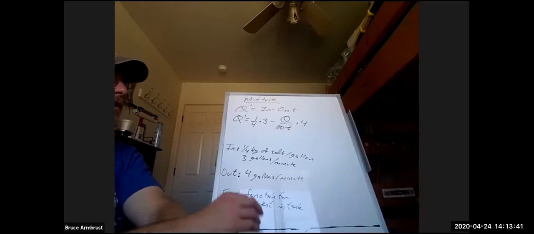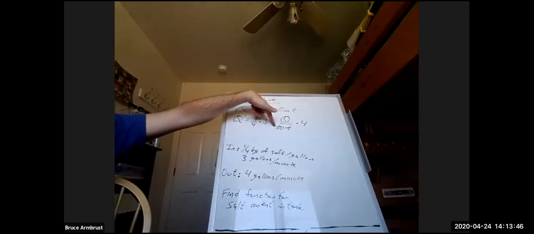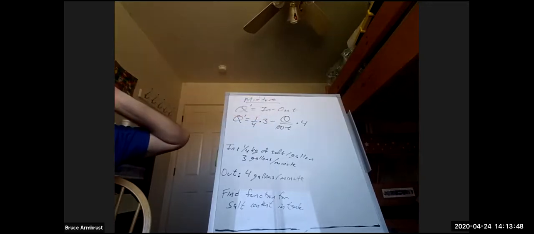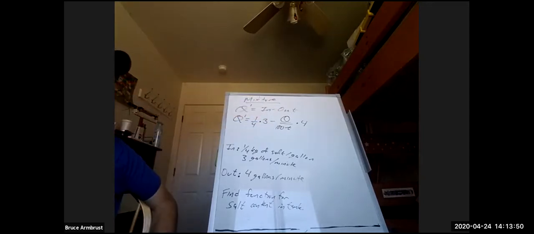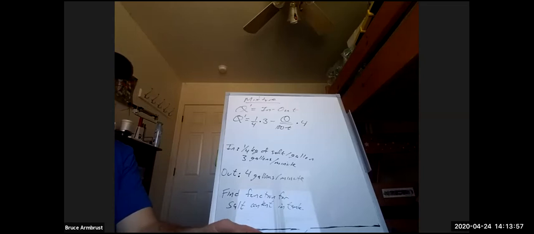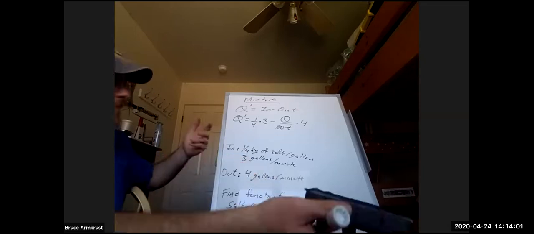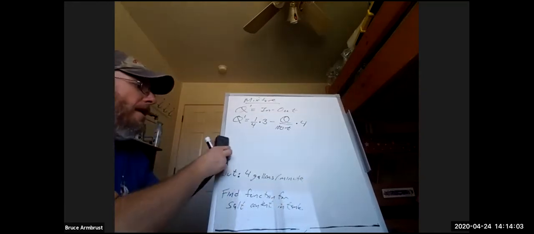But it's still concentration. It's still the amount divided by the volume. It's just our volume is variable. All right, so that's a little funky, but there's our formula. That's what we're going to get.